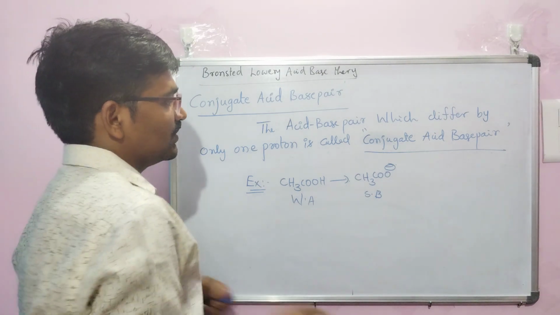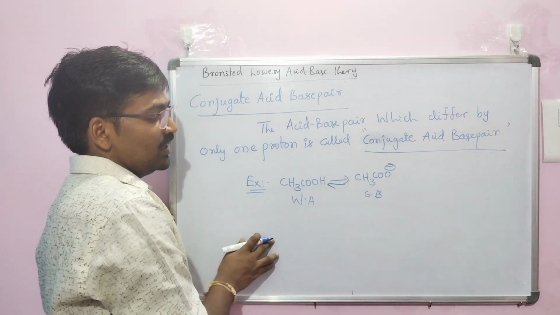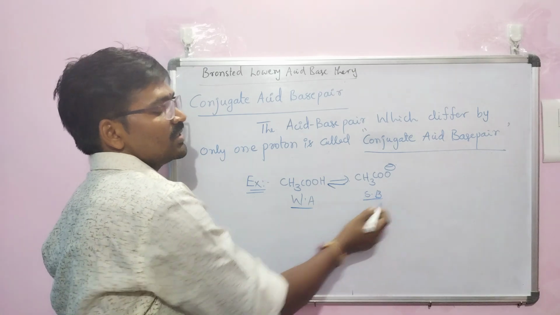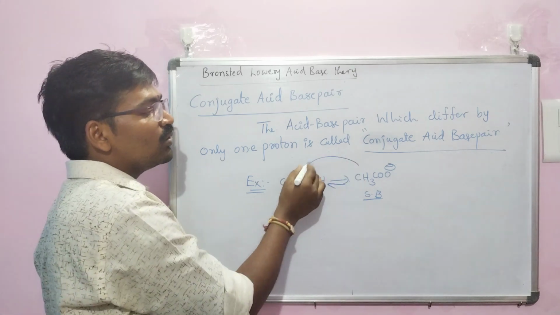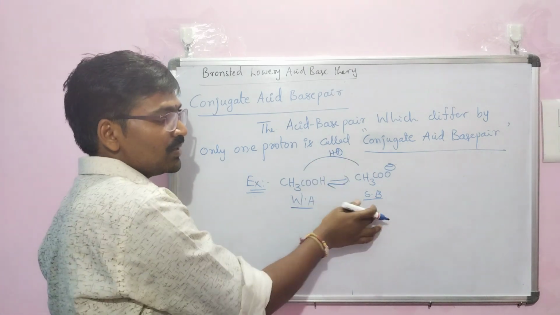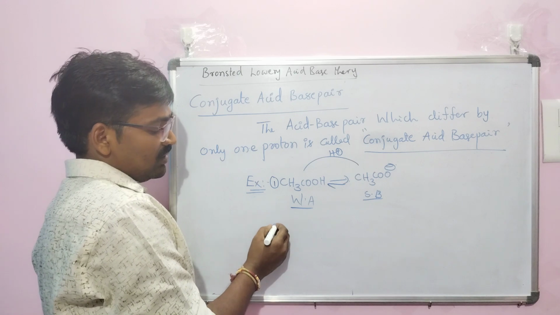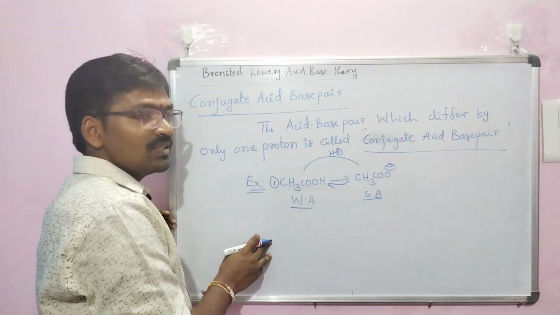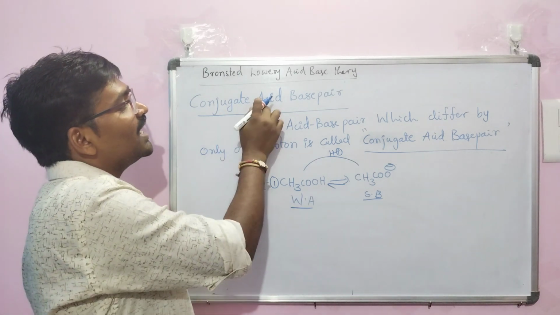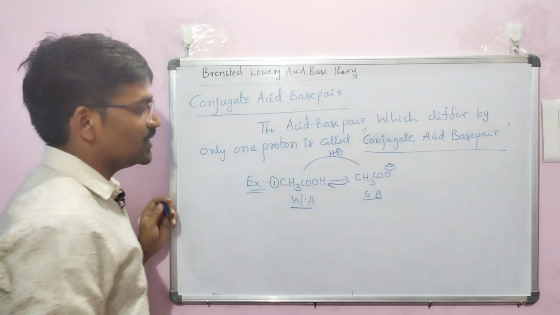Understand all of you? So one is acid, one is base, and both differ by only one H plus ion. The acid base pair which differs by only one H plus ion, we call a conjugate acid base pair.